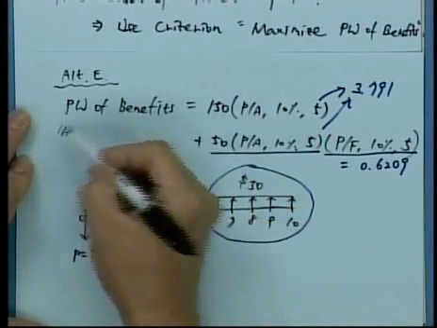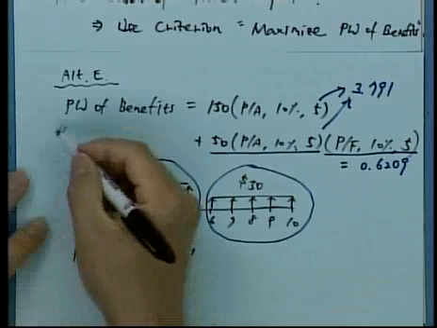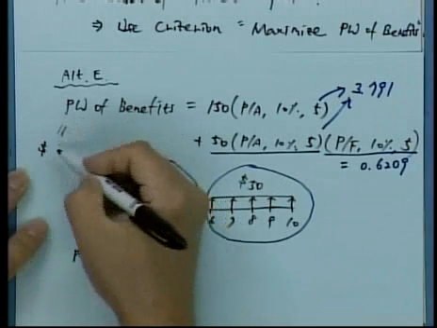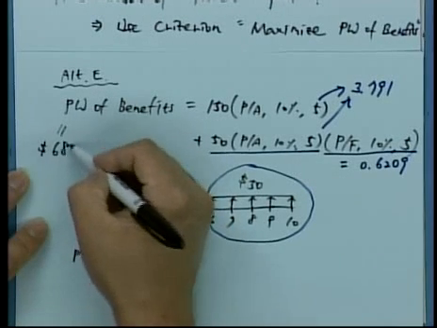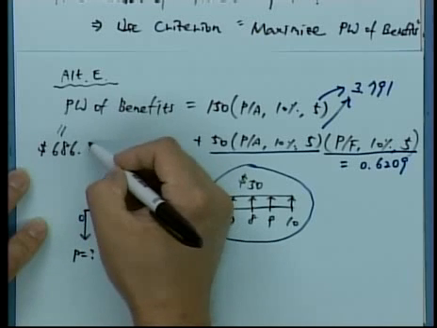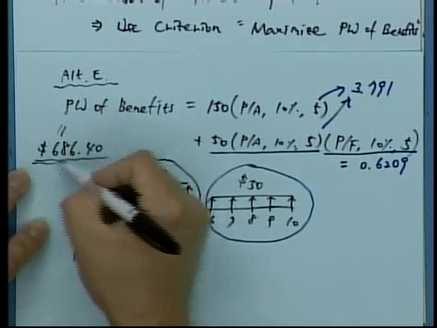So the present worth of benefit for alternative E is $686.40. Okay?